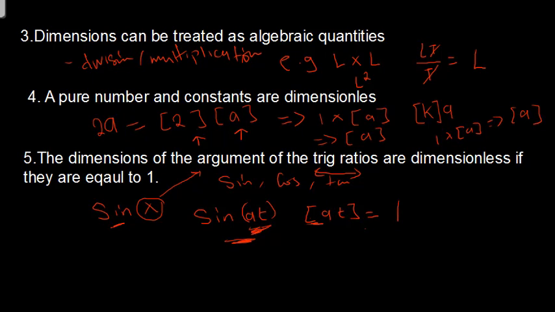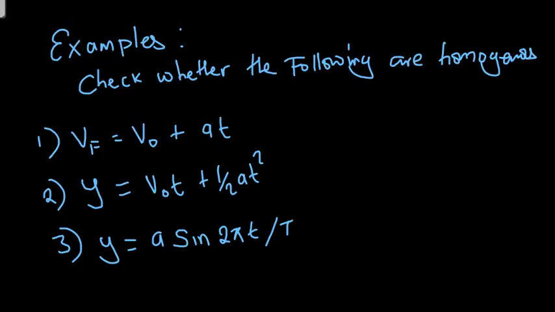So all of them must be satisfied for an equation to be dimensionally correct. Let us proceed into looking at a few examples of how we use these rules in checking the dimensional correctness of an equation.